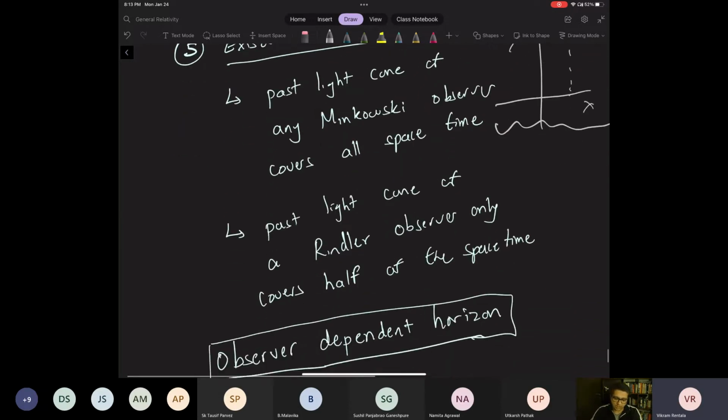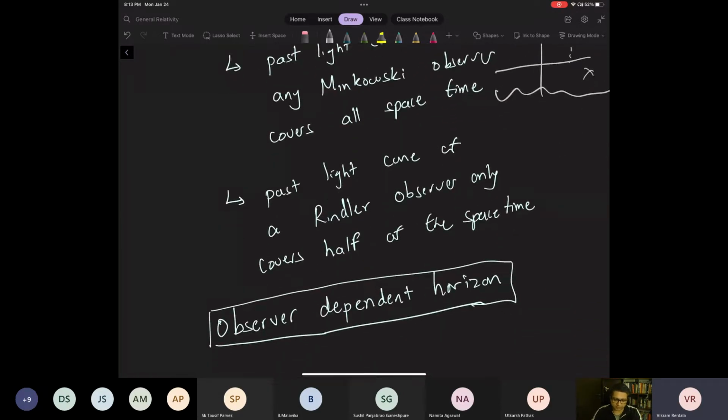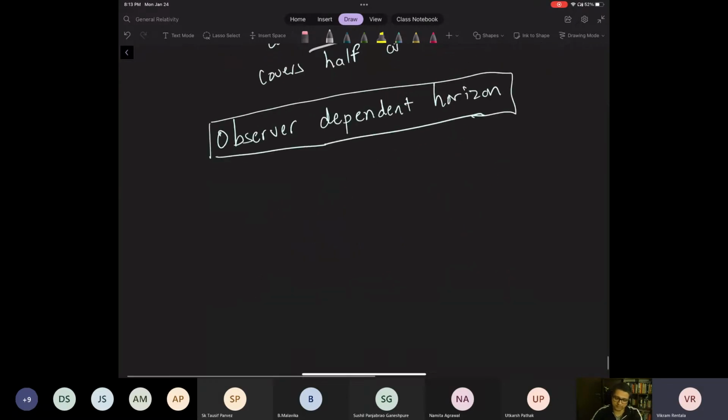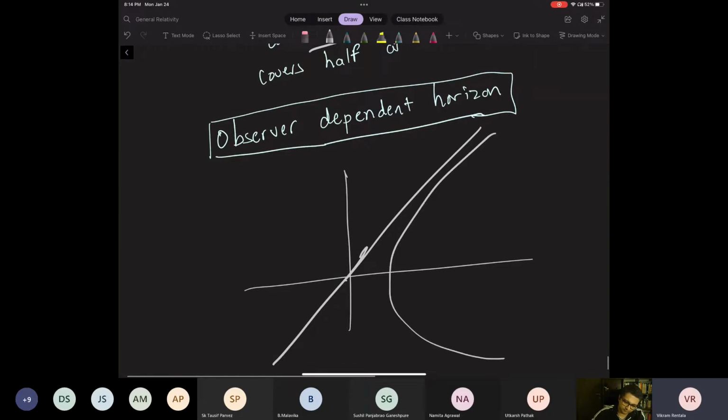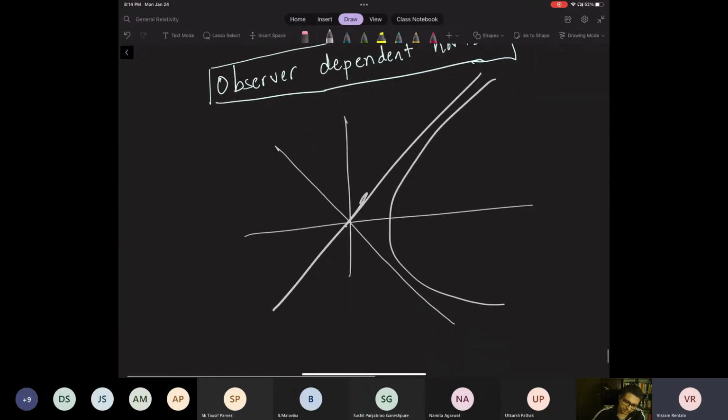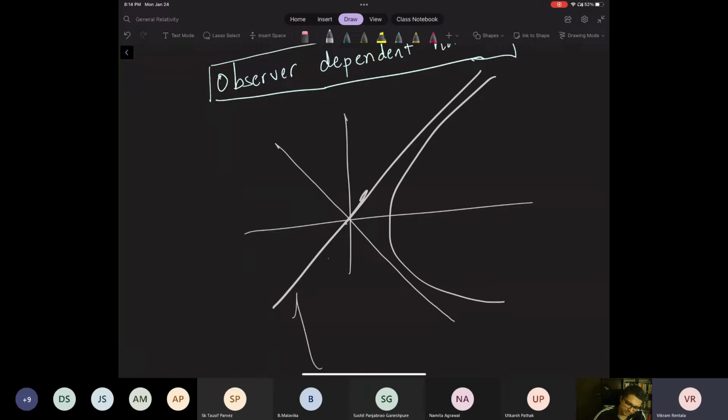However, as we've seen, the past light cone of a Rindler observer only covers half the space-time. That is, they will not be able to get signals from everywhere in space-time. The Rindler observers will be able to get signals from everywhere on this side of the Rindler horizon.